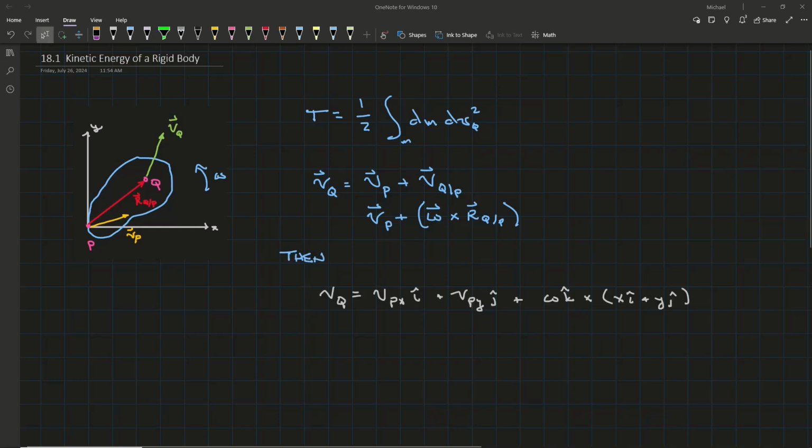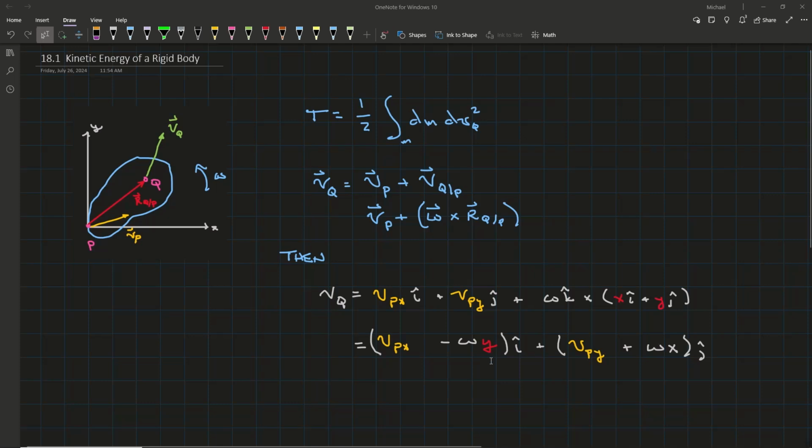We could then replace the above equation with components in this fashion, where VPX and VPY are the x and y components of VP, and x and y are the components of R. Grouping terms in i and j, we get the following.